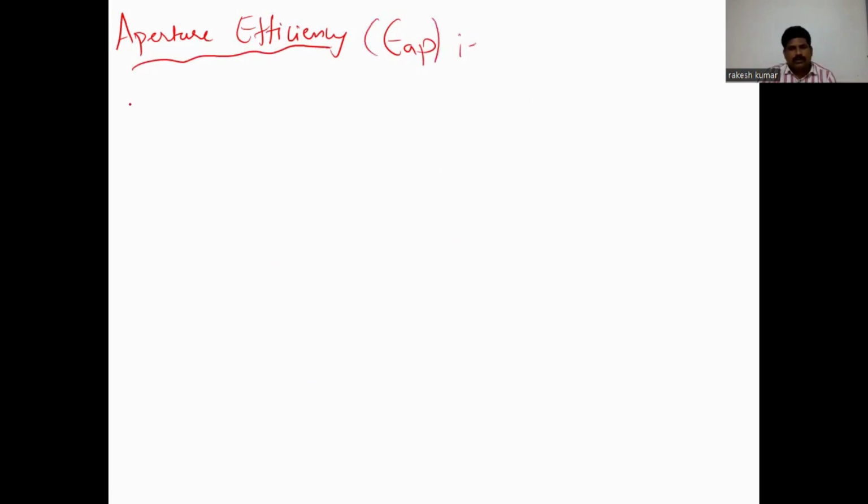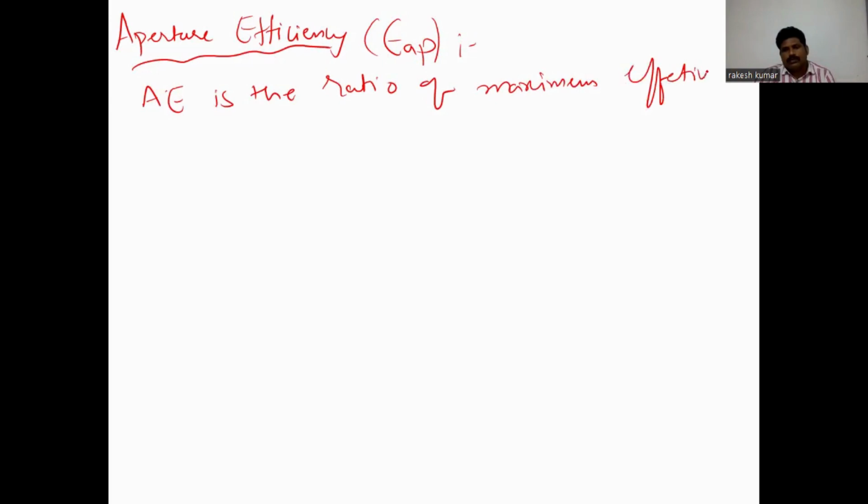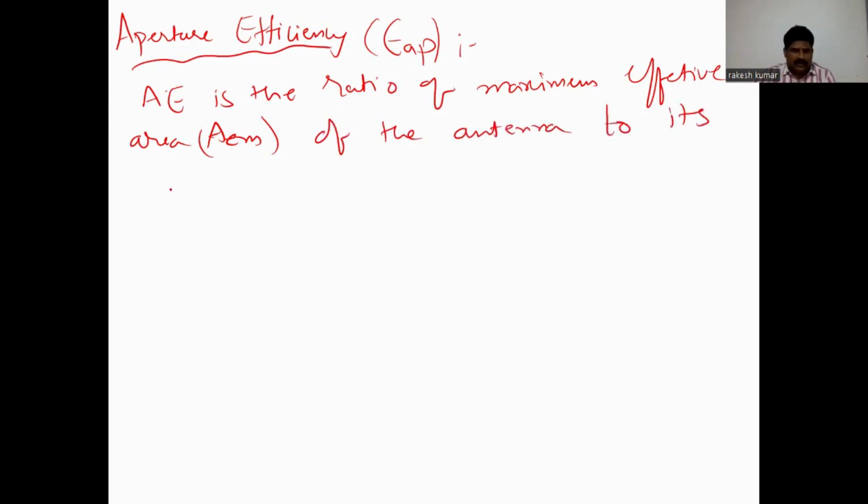Aperture efficiency is the ratio of maximum effective area of the antenna to its physical area.